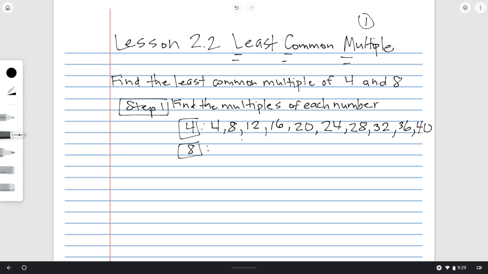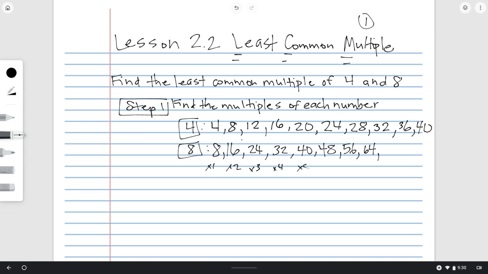Okay, looking here, I should have 8. See how good I am. 8, 16. This is times 1, times 2. Times 3 is 24. Times 4 is 32. Times 5 is 40. 8, 16, 24, 32, 40. 48. 56. 64.